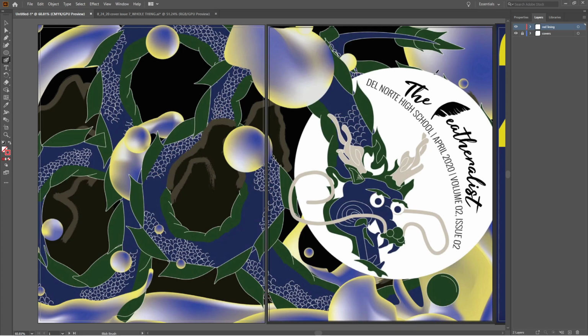But it provides a couple of difficulties by having such a busy image. We have this orb in the top here, and then also this sort of organic shape on the end that makes it pretty difficult for the graphic designer to put in the title.